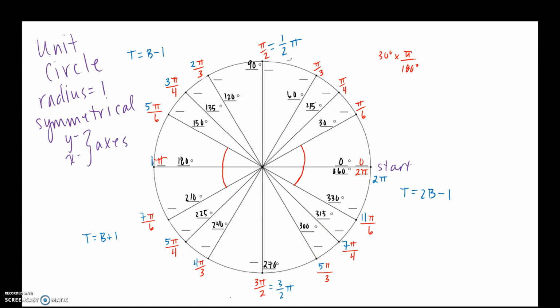This circle, my friends, will haunt you for the next 2 chapters. If you make it recognizable, if you practice with it, then it won't haunt you. It'll be a lot easier. But I will be using radian measures as much as possible, because the higher math that you get, radians are what's used.